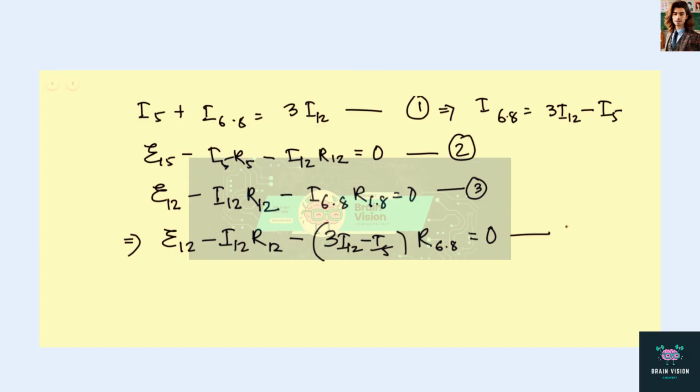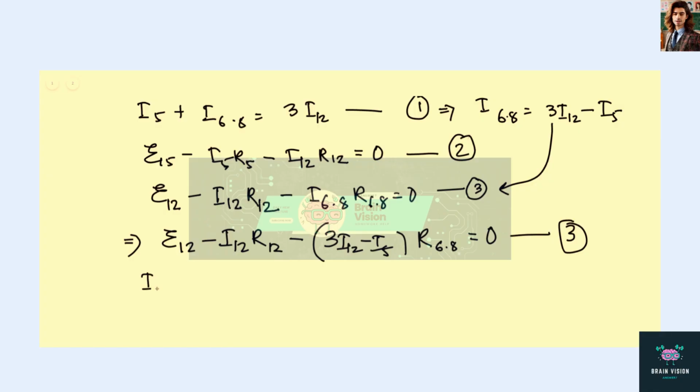And this is actually equation 3, except we have plugged this over here. So now we have two equations, equation 2 and equation 3. Out of these two, this one is the simplest. So we will use this equation in order to eliminate one more variable.